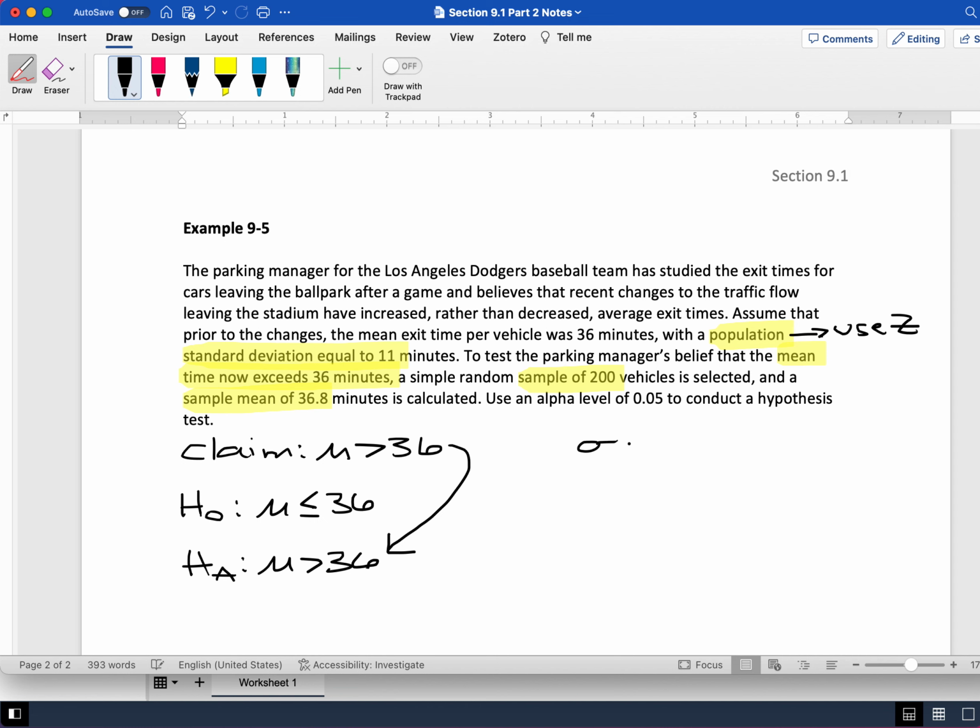That sigma is equal to 11. Sample mean is equal to 36.8. And n, our sample size, is 200. Finally, we have our alpha of 0.05.